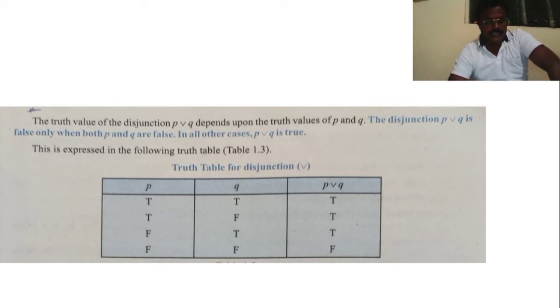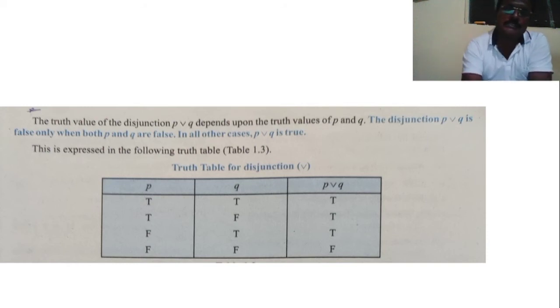In the other three cases, first true, second true; first true, second false; first false, second true, the disjunction is true. If two simple statements that are false are connected by or, then the compound statement is false.